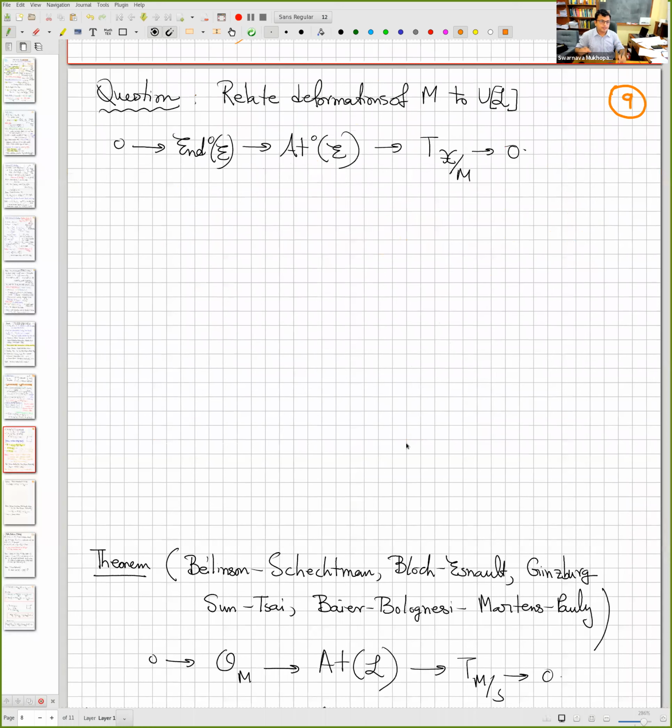What they do is consider this sequence, the Atiyah sequence of the universal bundle, and then they take the dual. So if I take the dual, I have the dual algebra, and then the dual sequence. Then I can take a push forward with respect to pi.